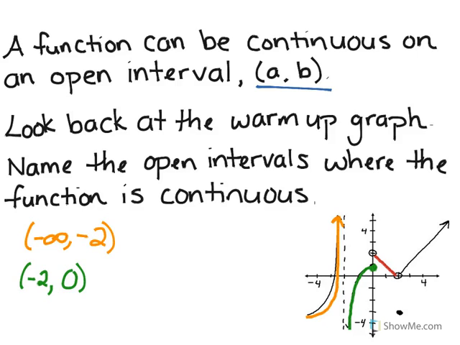Well, that interval is 0 to 2. And then we have one more, going from this hole at (2, 0) and tracing up this way. That interval is from 2 to infinity. Keep in mind, all of these are x values, or domain values. So there are 4 open intervals where the function is continuous.